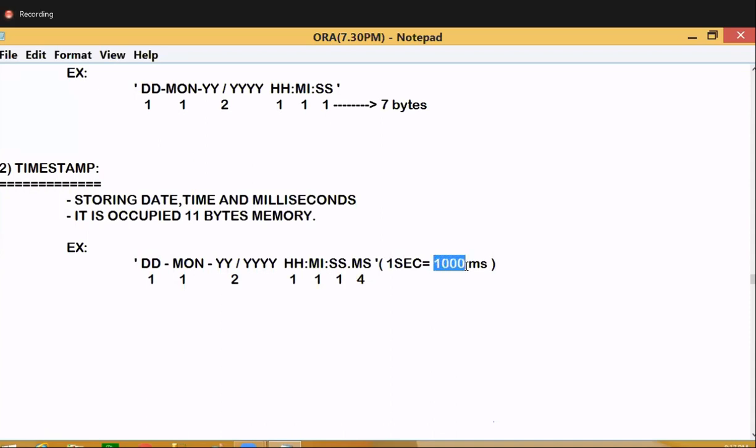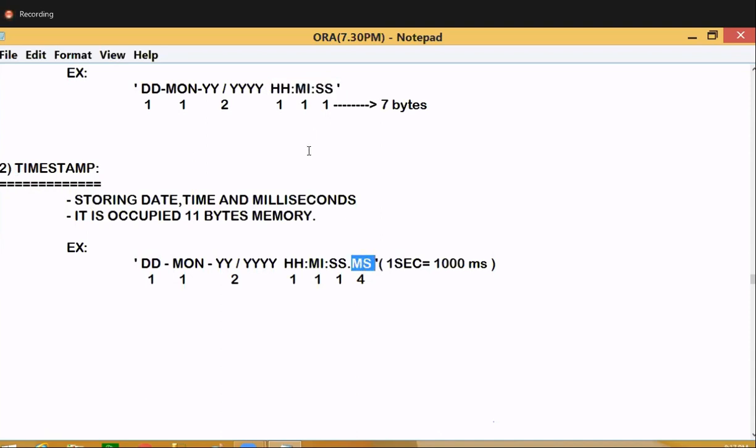Hours are 2 digits, minutes 2 digits, seconds 2 digits, but milliseconds go up to 1000, so it occupies 4 bytes of memory. So the total is 11 bytes for timestamp. So what is the difference between date and timestamp? Date does not store milliseconds, but when I use timestamp, it stores milliseconds.